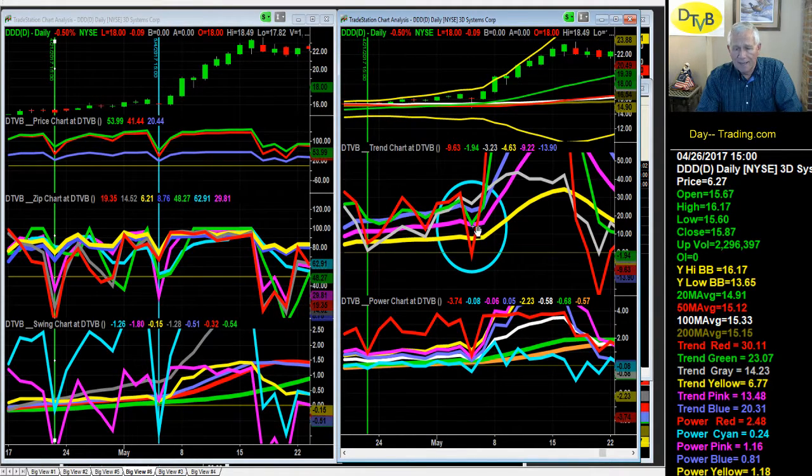Before I get to that, I'm going to describe those 6. It's basically to have one of your fast lines, your trend red, green, or gray, down touching one of your slow lines or your 7 short-term trend lines, which is the blue, pink, and yellow lines.